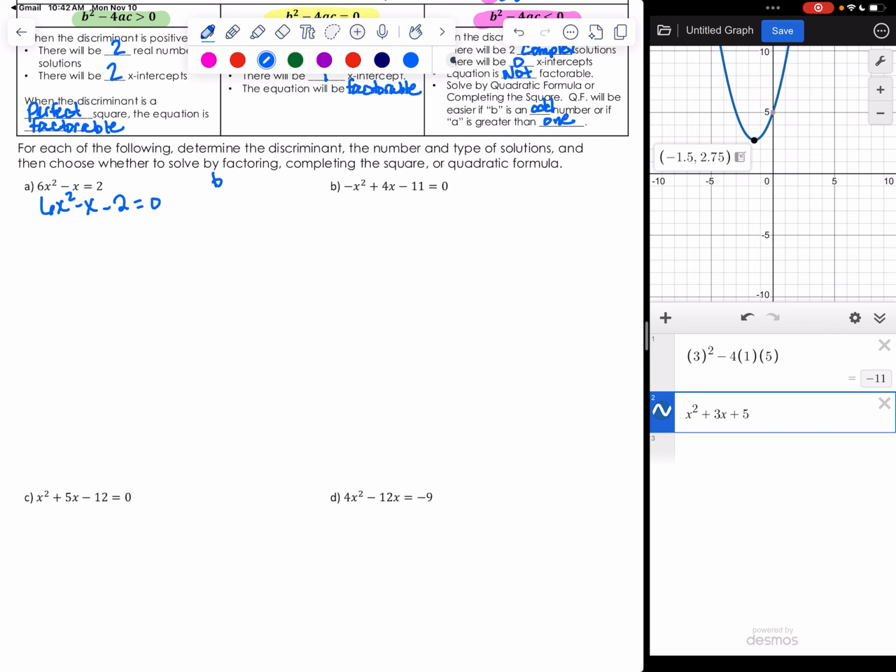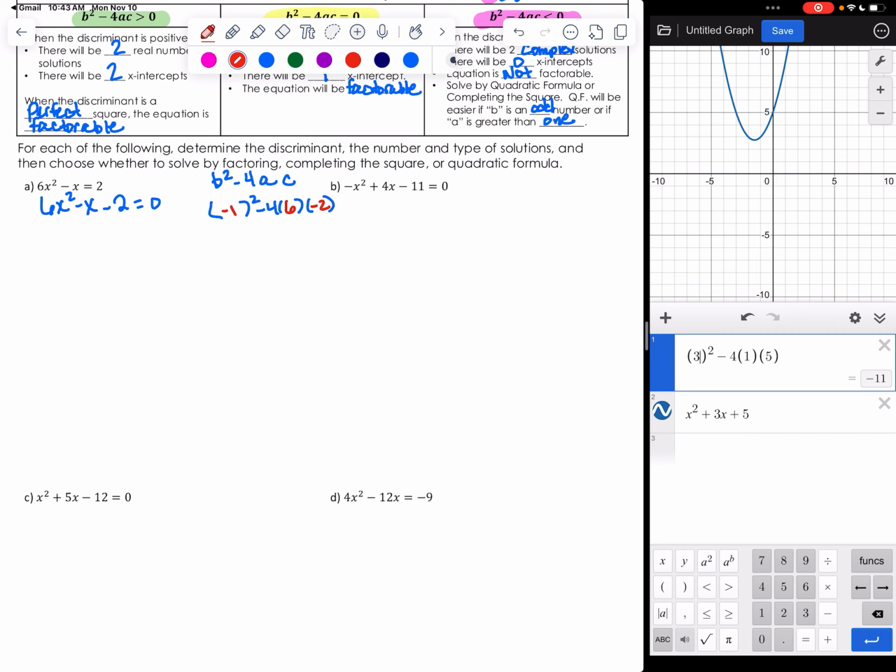Now we can calculate our discriminant using the formula b squared minus 4 times a times c. Okay, let me replace my variables here with parentheses. I'm going to plug in a -1 for the b, a 6 for the a, and a -2 for the c.